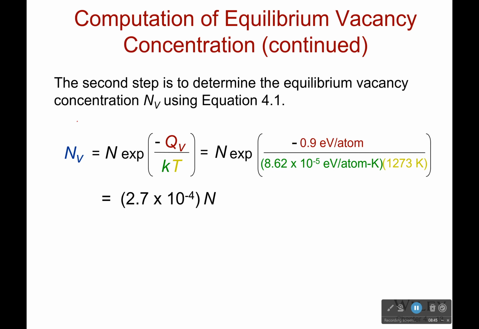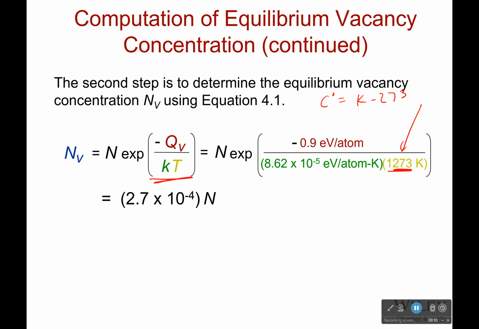So before we had number of vacancies over my number of lattice sites, but since I want to solve for number of vacancies, I multiplied both sides by n. And I already have all of these numbers, as long as I'm very, very careful to make sure I convert from 1,000 degrees Celsius to 1273 Kelvin. Celsius is equal to Kelvin minus 273, or vice versa.